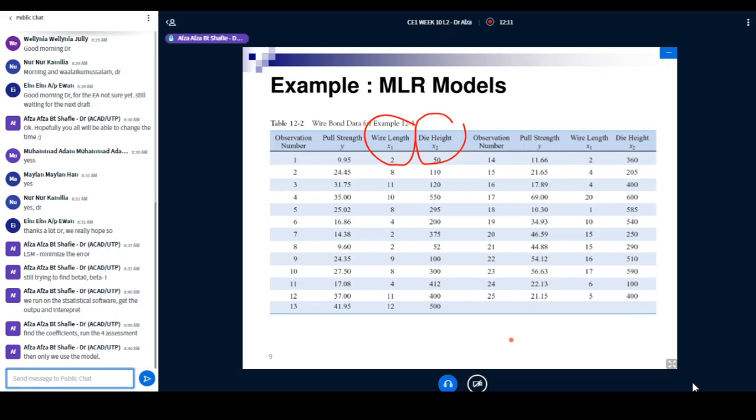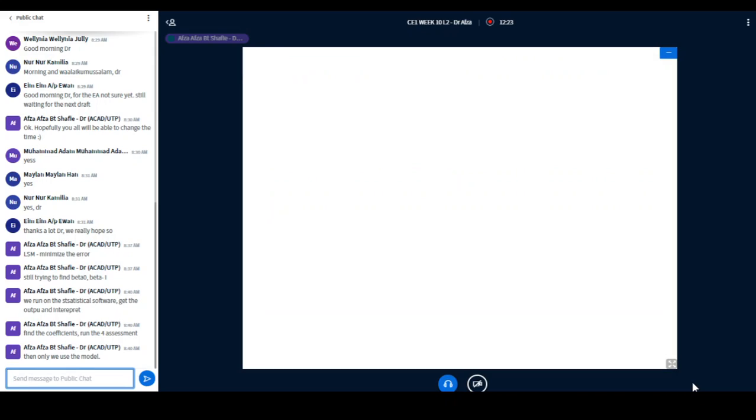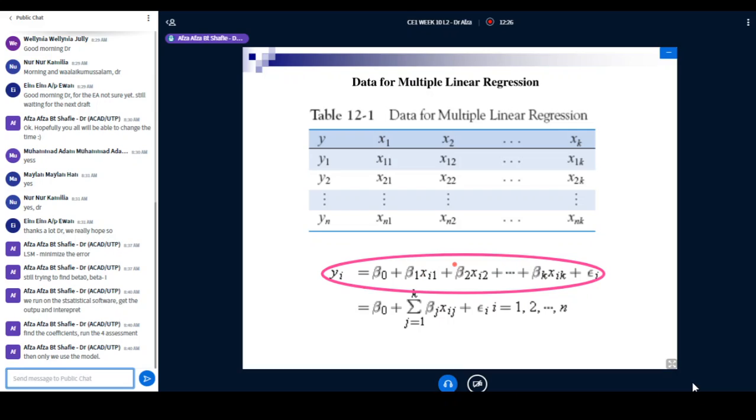So how do we find this relationship? The best thing to do is to run it on Excel or any statistical software. This is what we are trying to find: the values of beta naught, beta 1, beta 2, up to beta k.